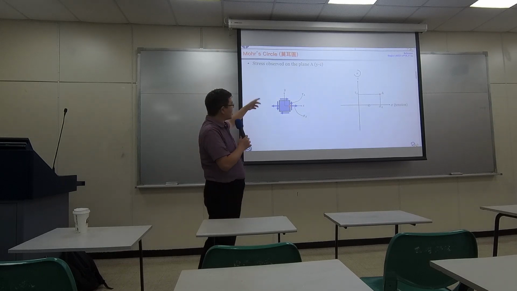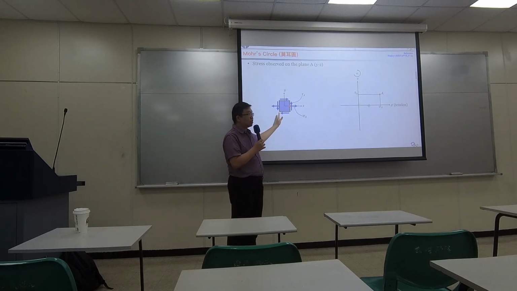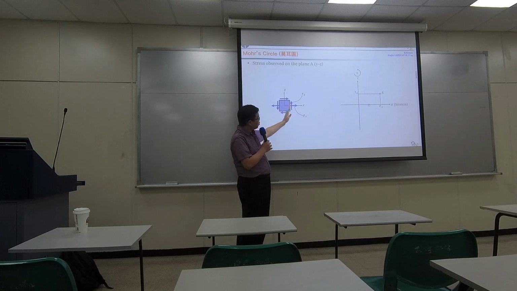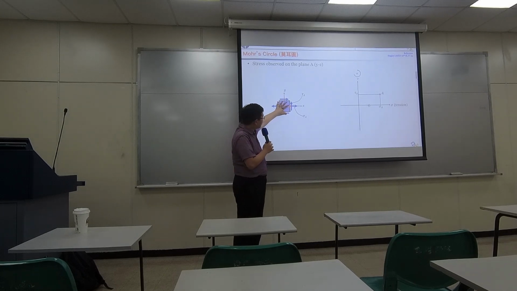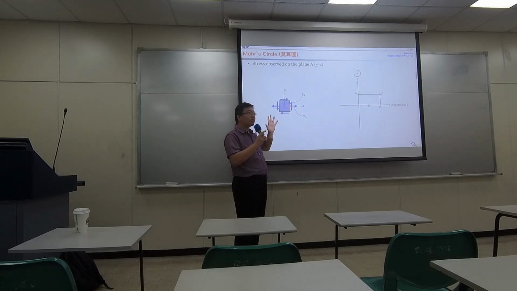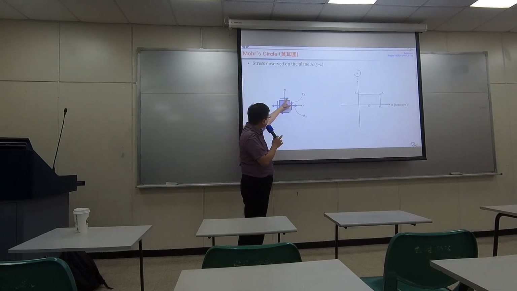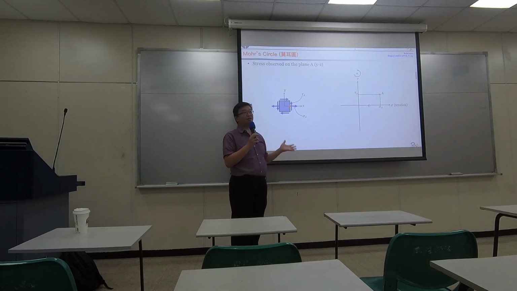So in this current orientation, we have normal stress and shearing stress, but if we change how we observe the same point, the stress condition on each surface is different.